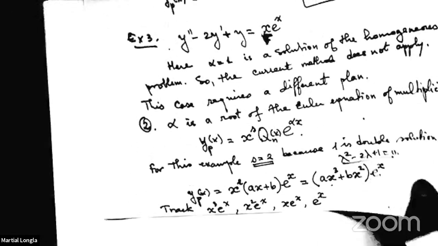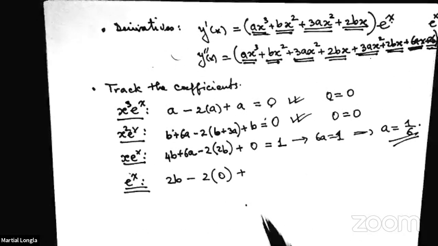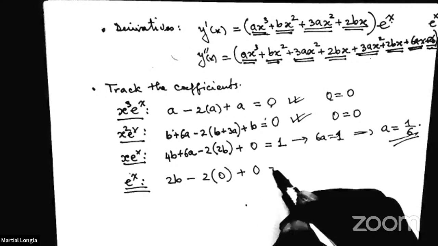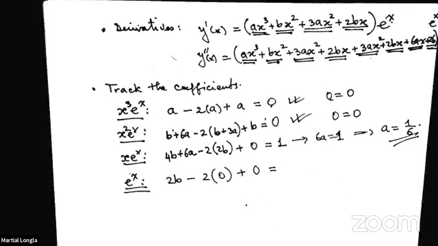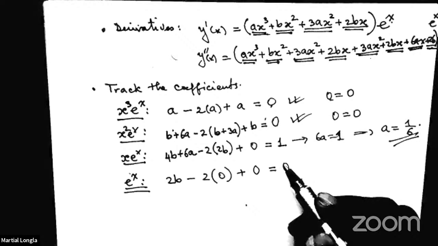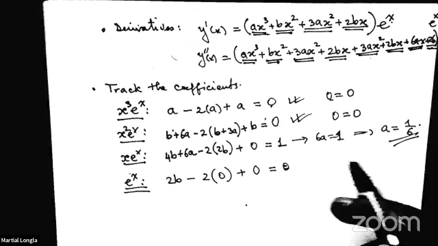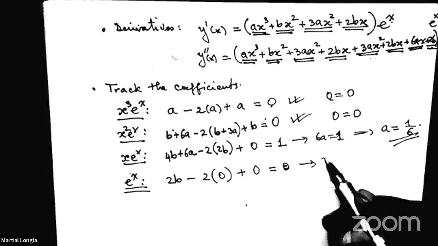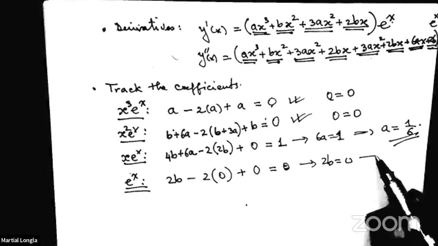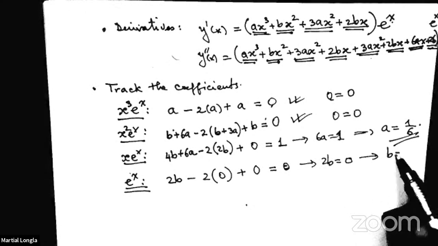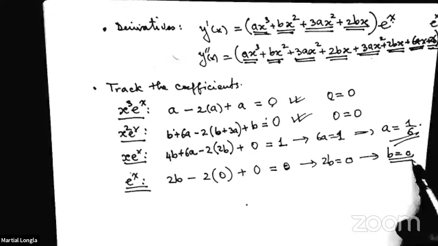It's 0. So that's plus 0 equals right-hand side. The coefficient on the right-hand side is 0 as well. And that one will be a smiling 0. So you get 2b equals 0, and that gives you b equals 0 in this problem.